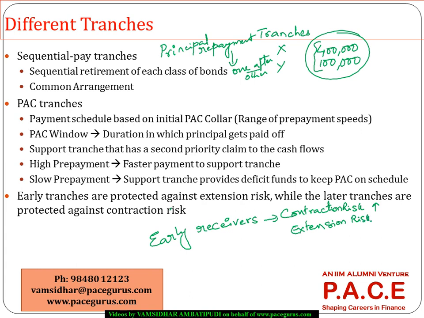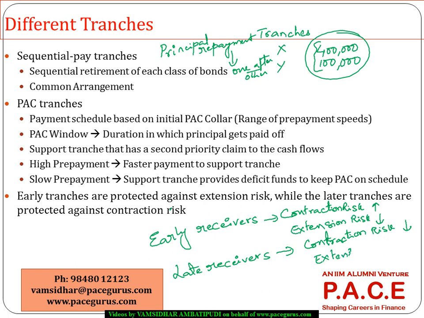Whereas when we are talking about late receivers, like tranche B in our earlier example or tranche Y in our earlier example, they are exposed very little to the contraction risk, because even if the interest rates fall, right now they are not much impacted because they are not going to receive any big cash flows right now.